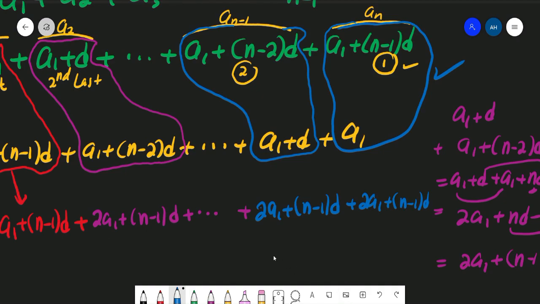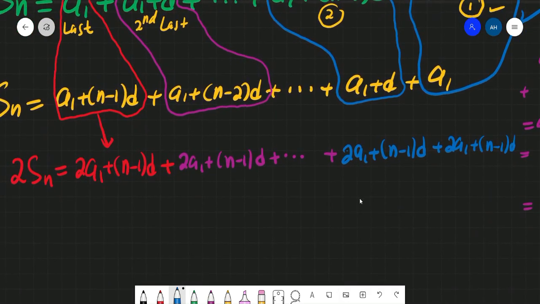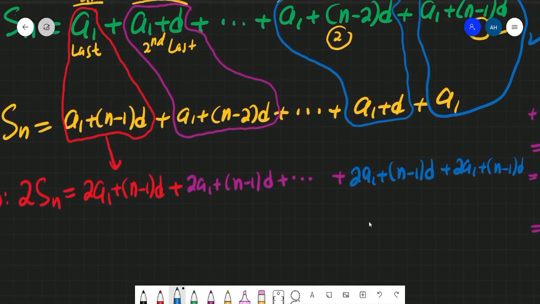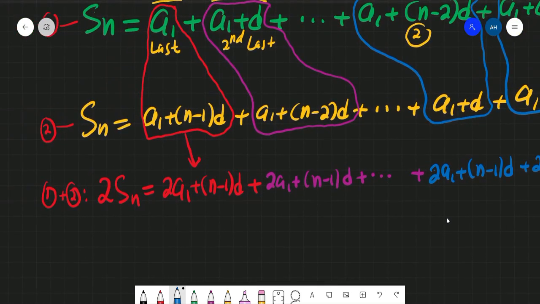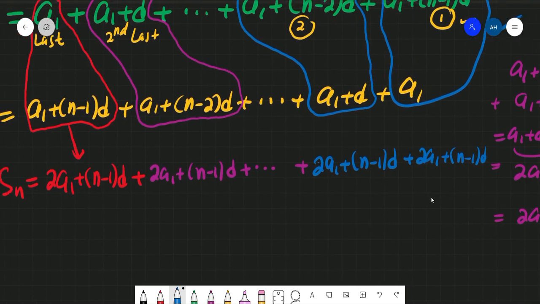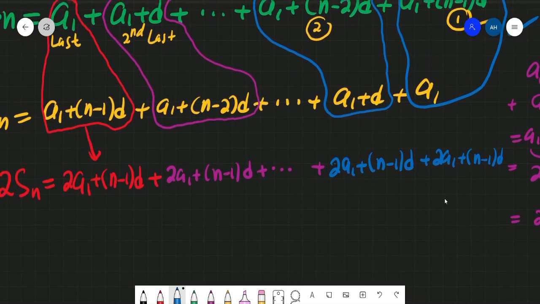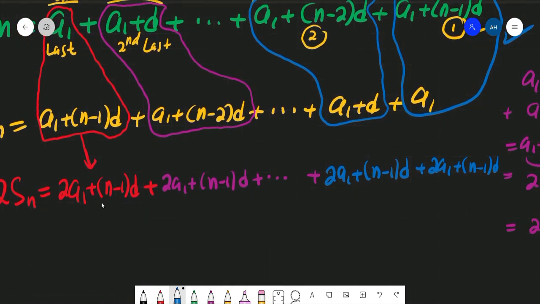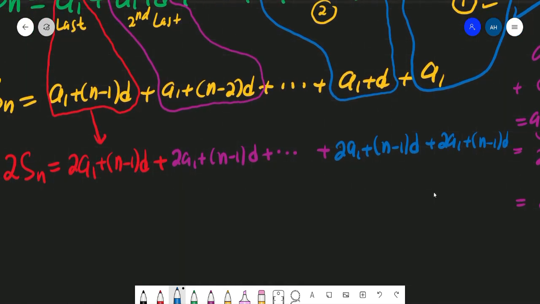Alright, so that's the sum of these two equations, equation number 1 plus equation number 2. The sum is down here, below here. If we look carefully, for each one of these sums, this one with this one with this one and with this term, they are all the same.